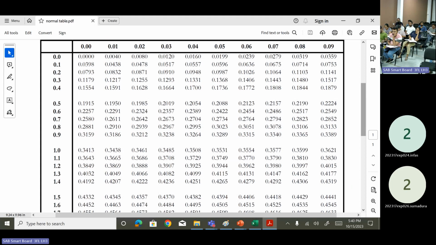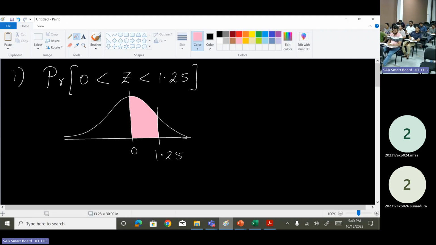So for 1.25, the value is 0.3944, that is 39.44. That is the area. Very simple: the first 2 digits from the left, the second decimal from the top.